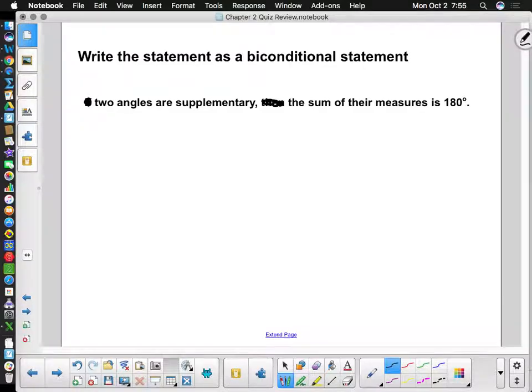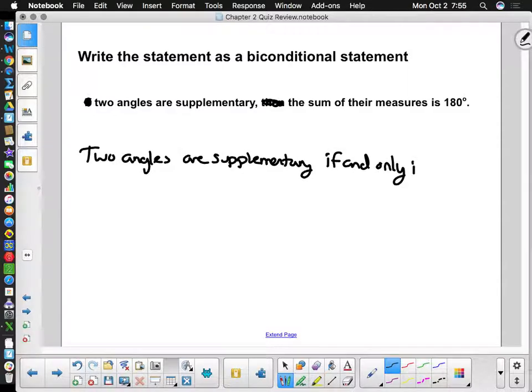So I rewrite this: two angles are supplementary if and only if the sum of their measures is 180 degrees. There we go.